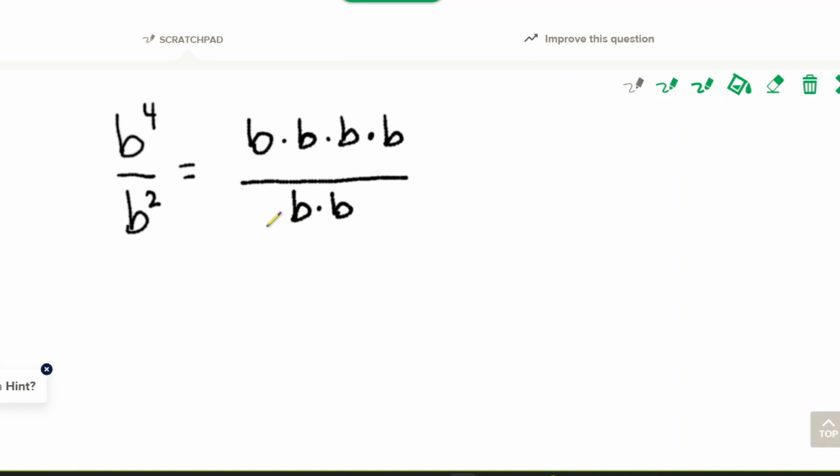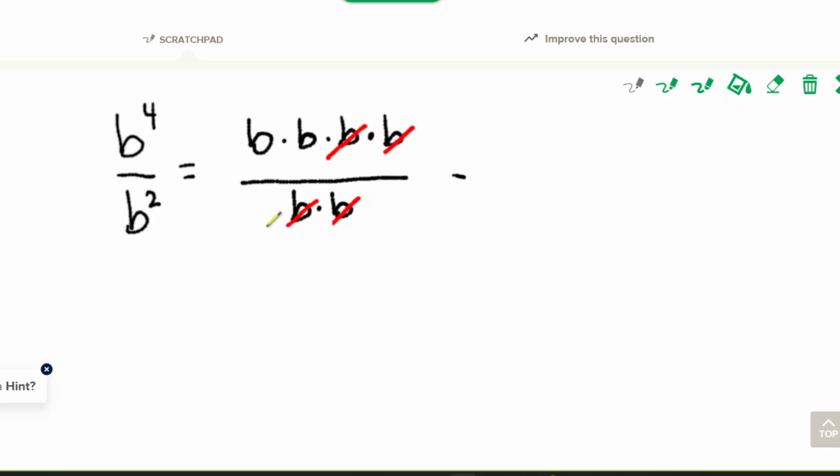When a numerator and denominator have common factors, they can simplify. You can cancel, like b here cancels with one of the b's here. Those would become 1. Anything over itself would be 1. And then there's another factor of b in the numerator that would cancel with a factor of b in the denominator.